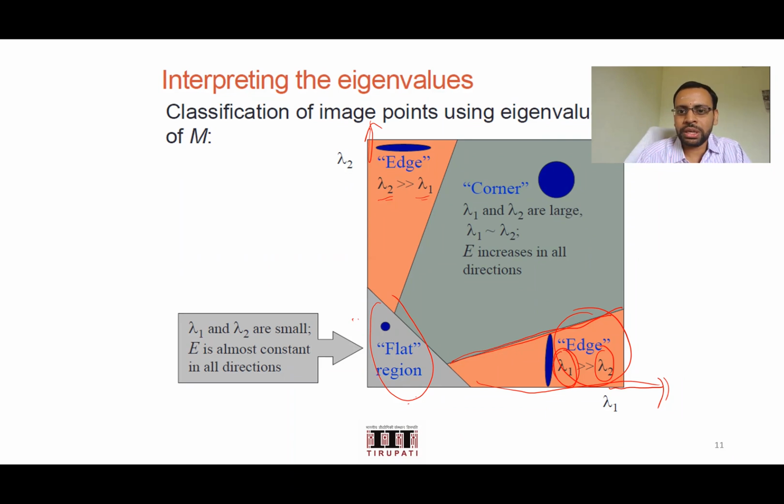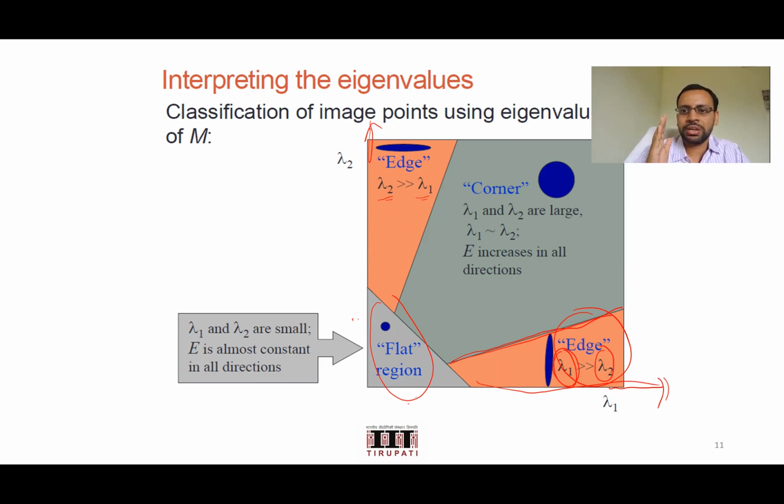What it turned out to be here is, if both the eigenvalues of your second moment matrix are large as well as having a similar magnitude, then E is going to increase in all directions. That's what we wanted as the desirable property for a key point, and that's what would represent a corner. Again, don't try to make the representation of corner separate from any key point as such. For now we are using it interchangeably.